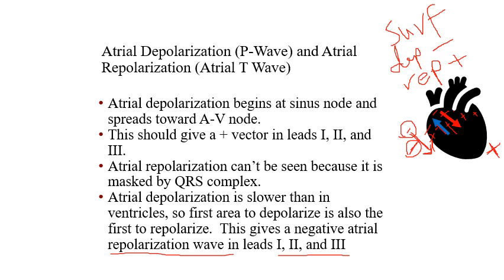So that means the vector head which points toward the positive will be in this direction, and this is exactly what we got from the first way. Okay, so it is going in the negative direction of the axial reference system. So it's going to be a negative deflection in all three leads. I hope that this is clear.